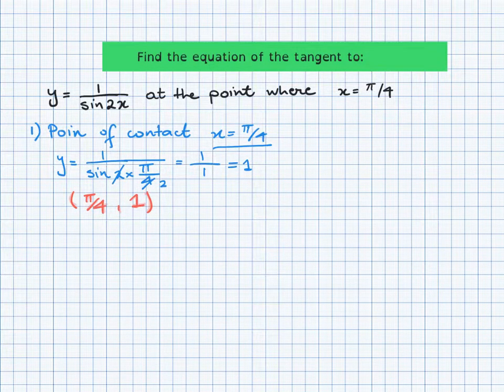The next thing that we're going to do is find the derivative of the function. So step 2 is to find the first derivative. Before I do that, I'm going to rewrite this equation, 1 over sin 2x, by moving sin 2x to the numerator, and it becomes a power of negative 1.